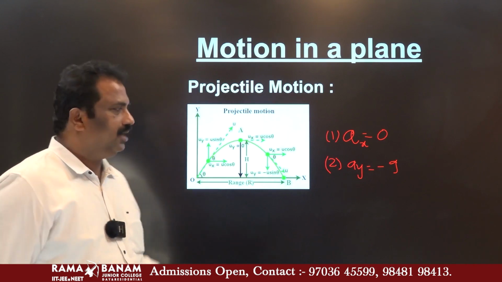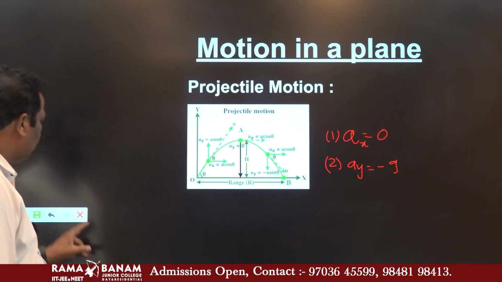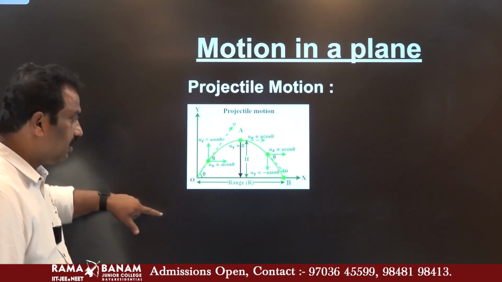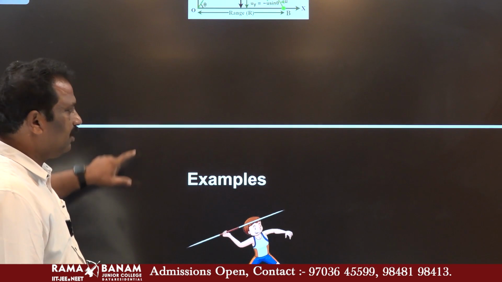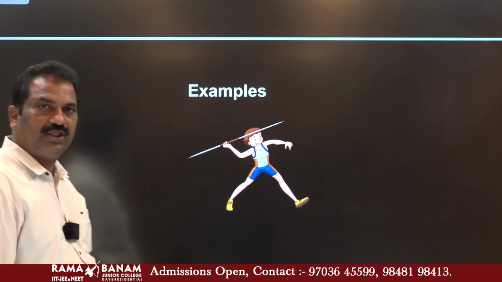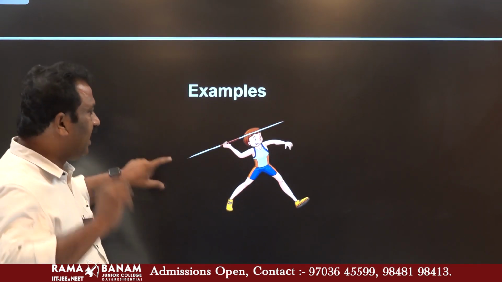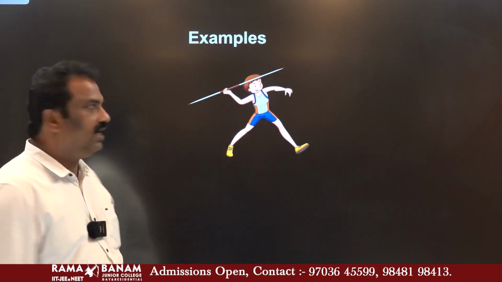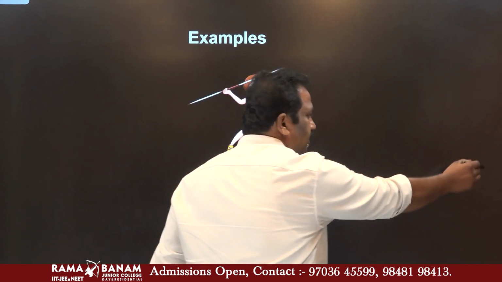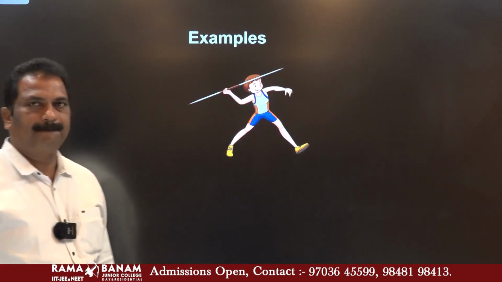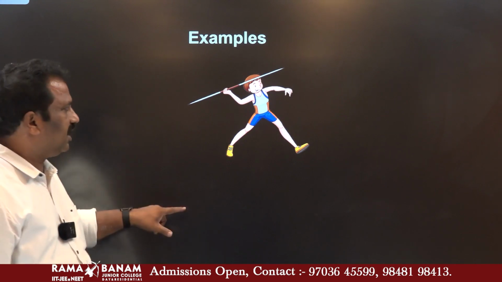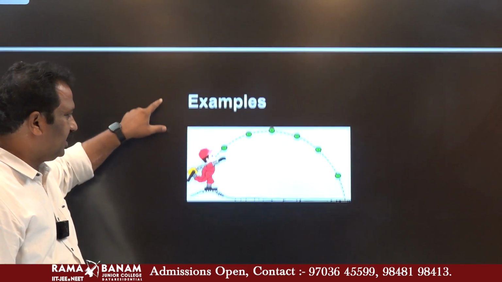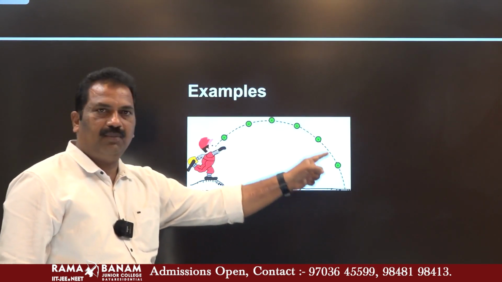Okay students, next, what are the examples of projectile? Let us assume a body is projected; an example is the javelin throw. When a body is projected making an angle theta like this, its path is a projectile. This is also an example of projectile motion. Another example: when a ball is hit by a bat, its path is a parabolic path.